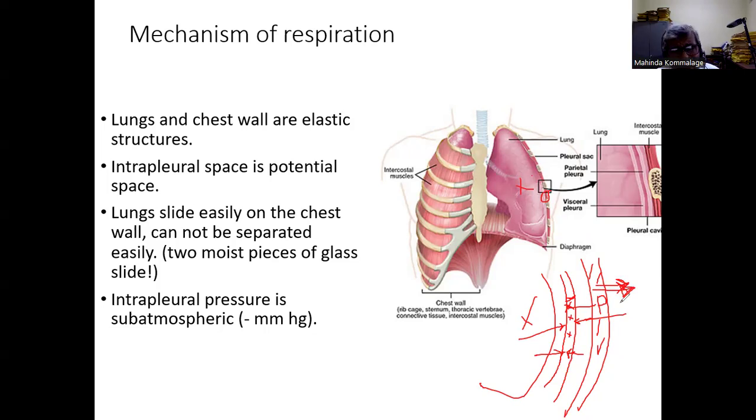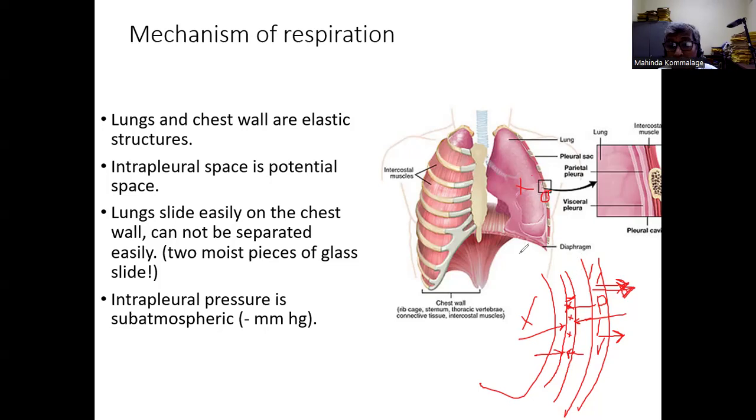When volume increases, what will happen to the pressure? When volume increases in a space, what will happen to the pressure? Decrease. Pressure decreases. So when it moves outward, not only the chest wall, the diaphragm also, pressure decreases in the thoracic cavity.